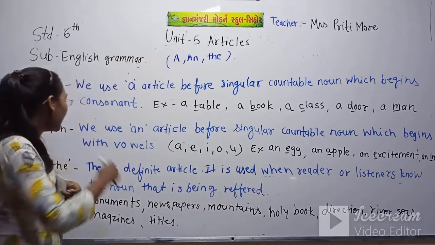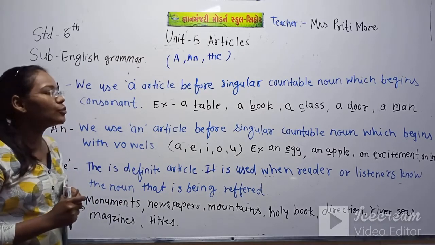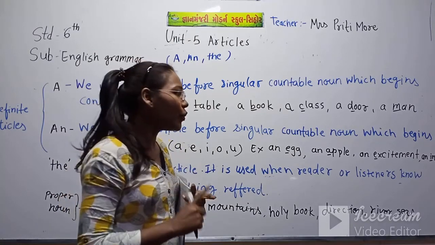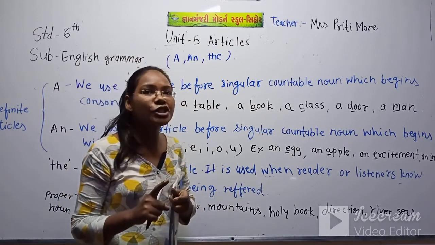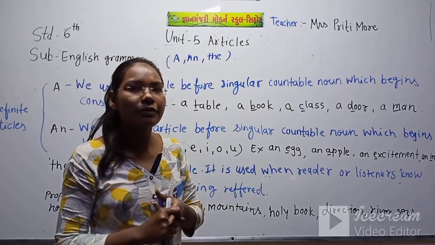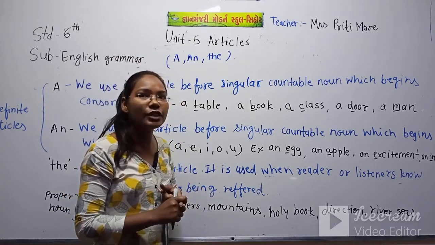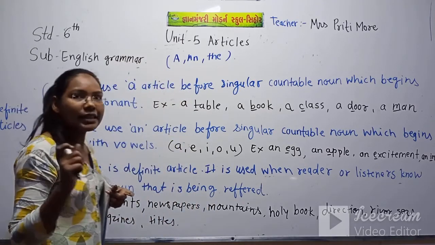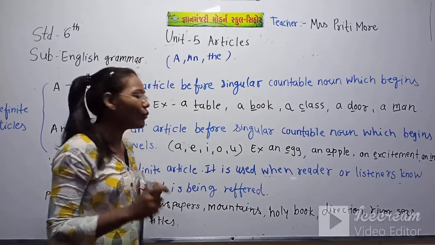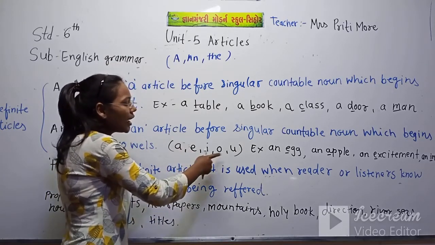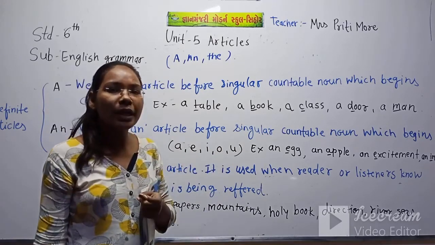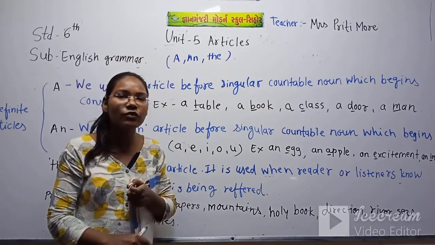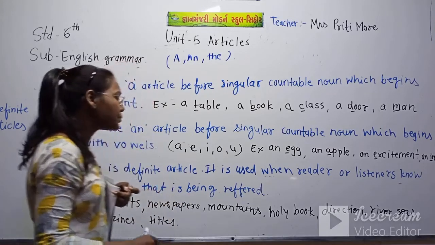So when to use an article? We use an article before a singular countable noun which begins with a vowel. There are 5 main vowels: A, E, I, O, U, and when the words begin with these vowels, that time we use an article.